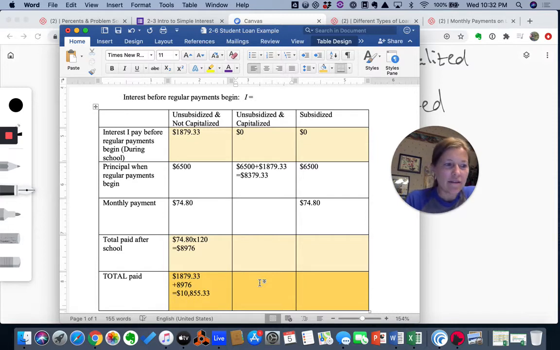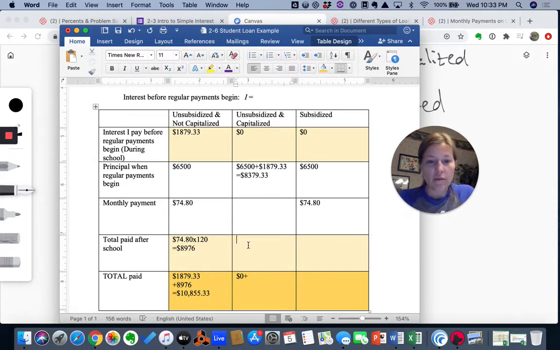If I have an unsubsidized and capitalized loan, then I am paying 0% while I'm in school, plus the total that I pay after school. So I guess I need to figure that out.